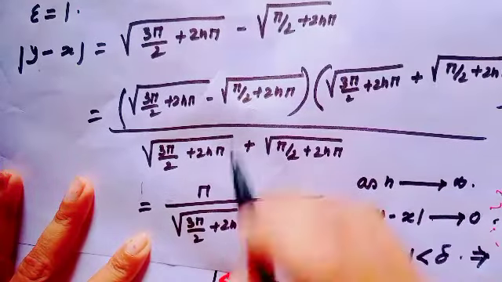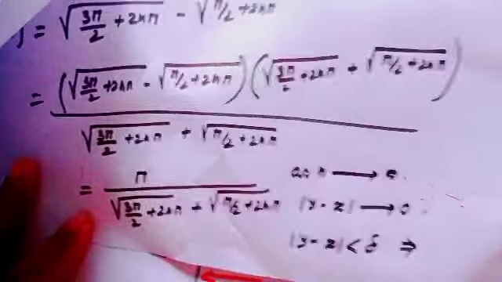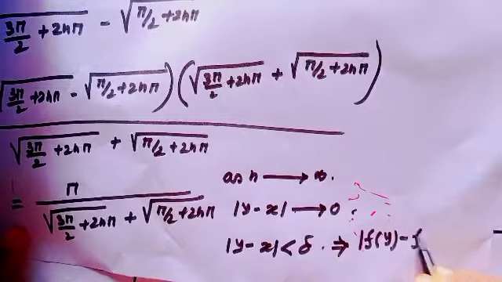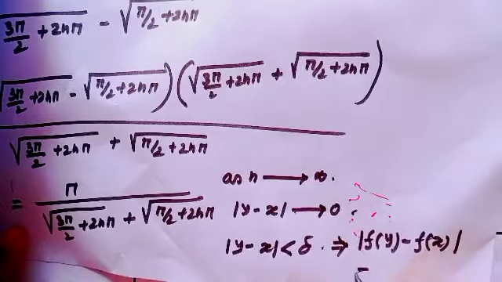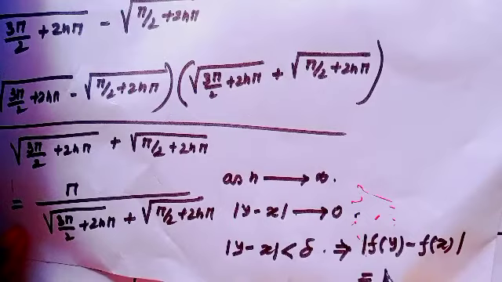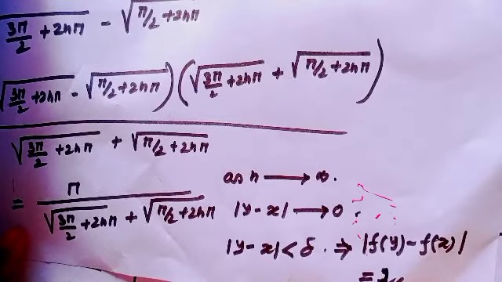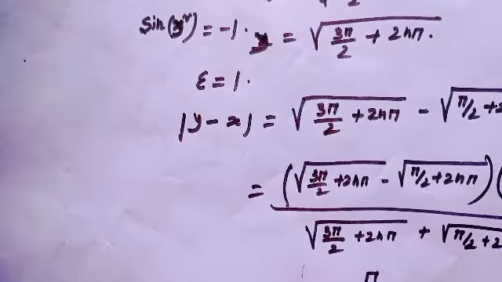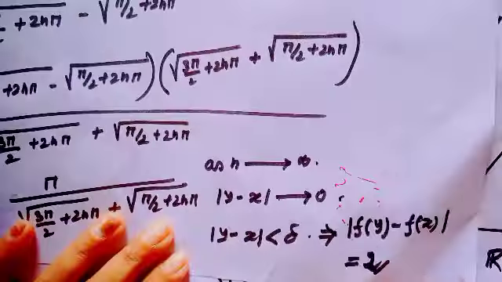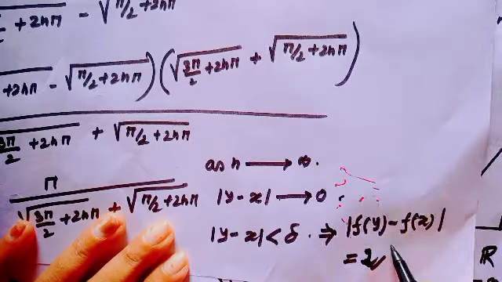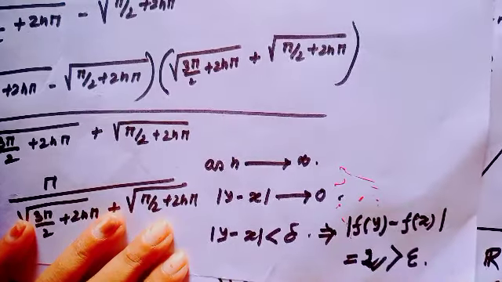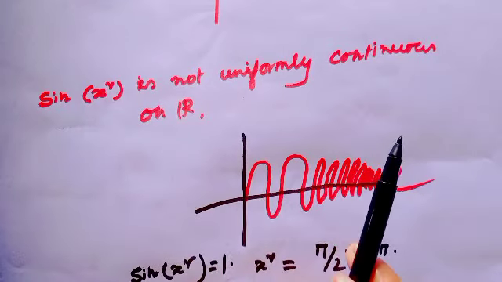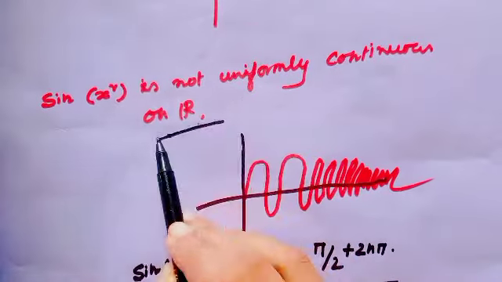But for this point, the distance between f(y) and f(x) would be 2, and here I have chosen the value of epsilon equal to 1. That means this difference is always greater than epsilon. So our given function sin x square is not uniformly continuous on whole R.